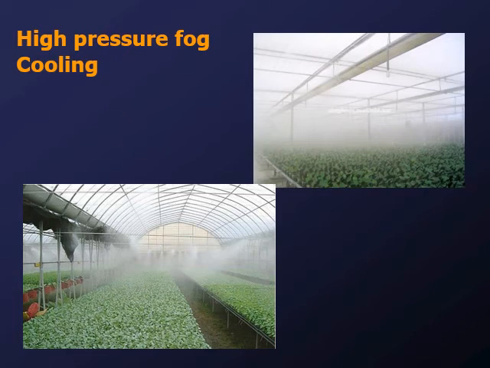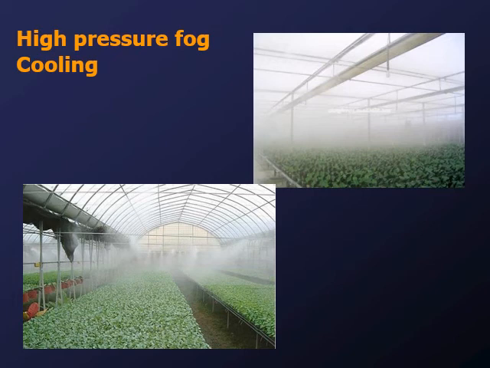High pressure fog works just like the fan and pad, sorry, where you have sort of enthalpy, where as water evaporates from the surface, it cools the pad. In the same way, high pressure fog, you inject high pressure fog into the growing area, and as it evaporates, it absorbs heat from the air, cooling the air.